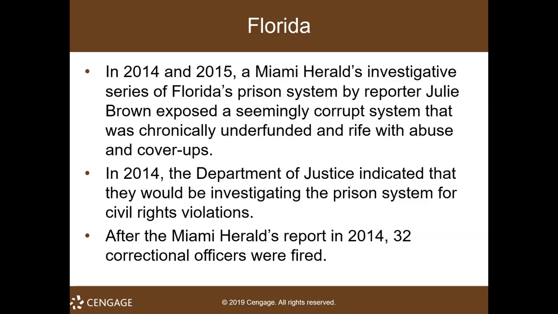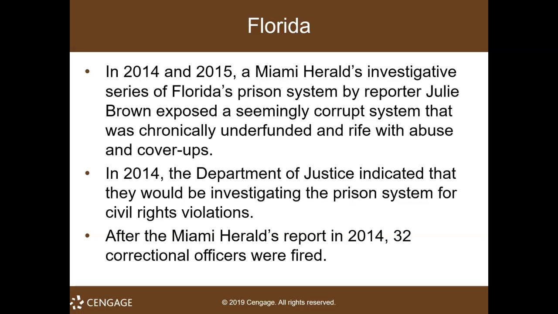Now, in 2014 and 2015, the Miami Herald's investigative series of Florida's prison system by a reporter by the name of Julie Brown exposed a seemingly corrupt system that was chronically underfunded and was basically rife with abuse and cover-ups, meaning that it was happening frequently.